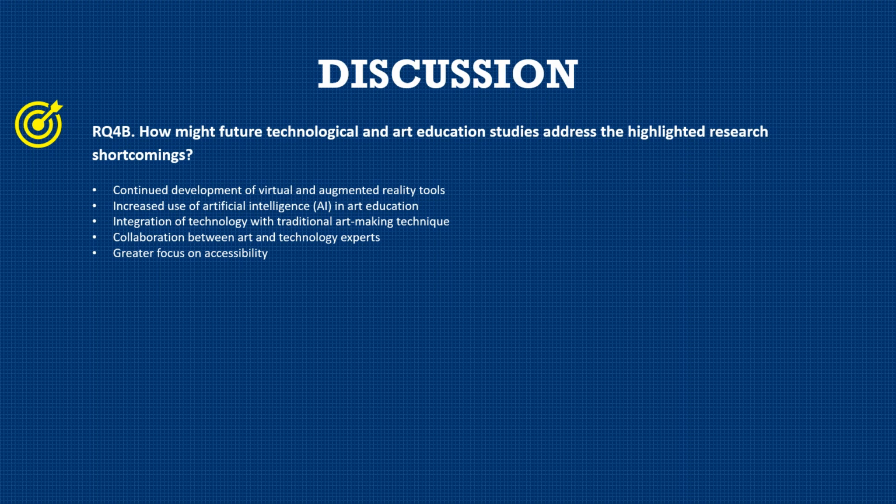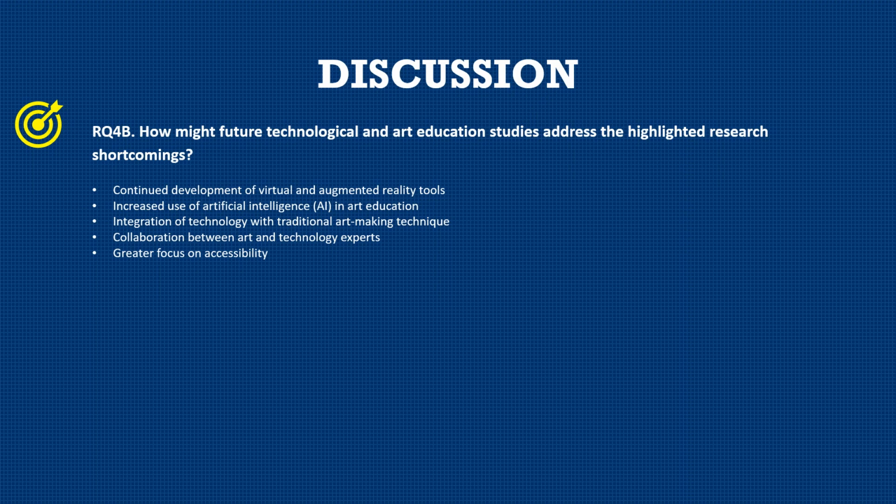As technology continues to advance, we can expect to see more sophisticated and user-friendly VR and AR tools developed specifically for art education. Number 2, increased use of artificial intelligence (AI) in art education. AI has the potential to assist with everything from grading assignments to generating new ideas and concepts for art projects. As AI technology becomes more advanced, we will likely see an increase in its use in art education.